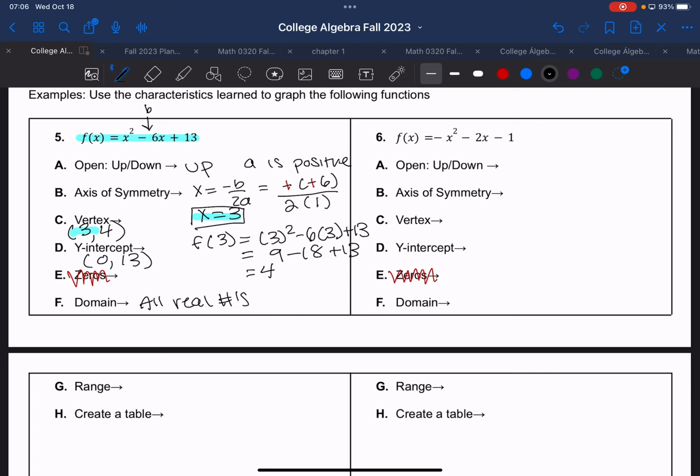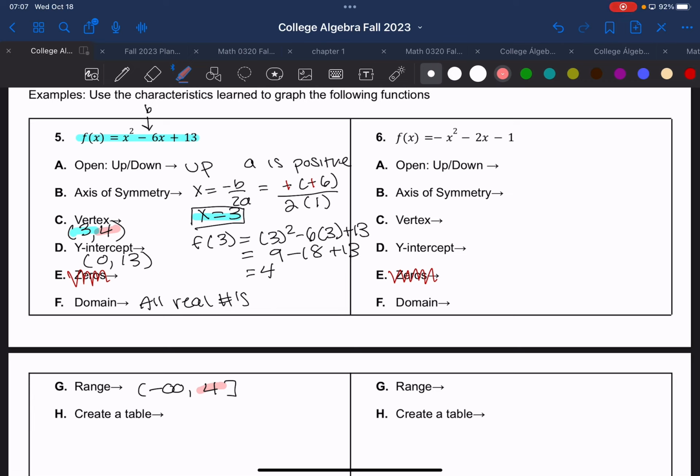Of the vertex. So it's going to be 4 to negative infinity, or sorry, opposite: negative infinity to 4, because our negative always comes first. Okay, and we found that 4 from the y value of the vertex.